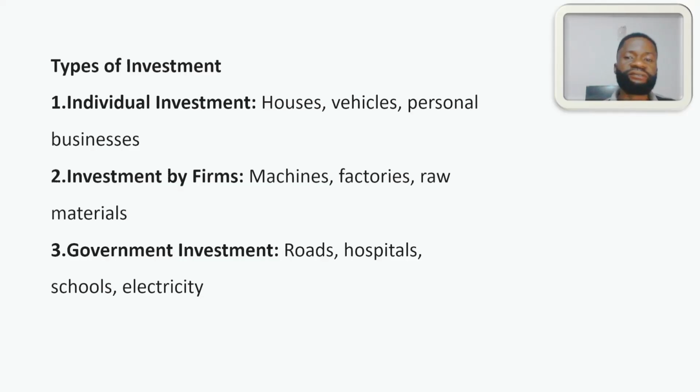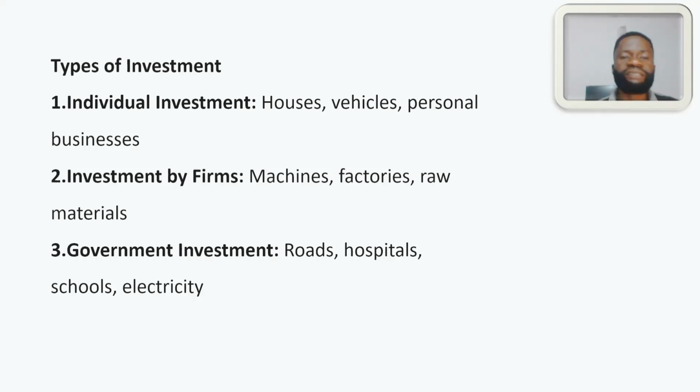So we have different types of investment. Let's look at these types of investment. We have three. We have individual investment. Individual investments involve household investments, like when you decide to build a house, buy vehicles, or start a personal business. So individual investment refers to investment made by private individuals using their personal income or savings to generate future income.